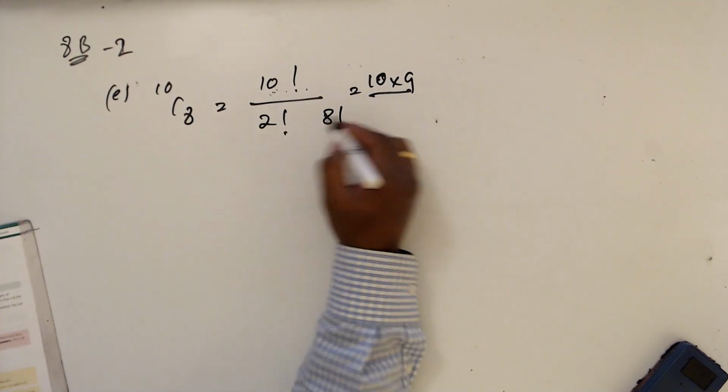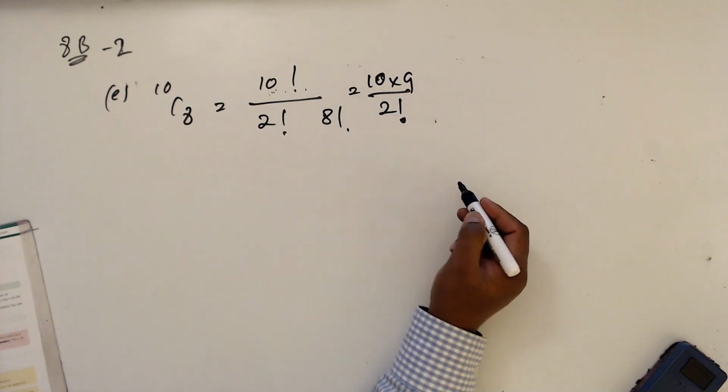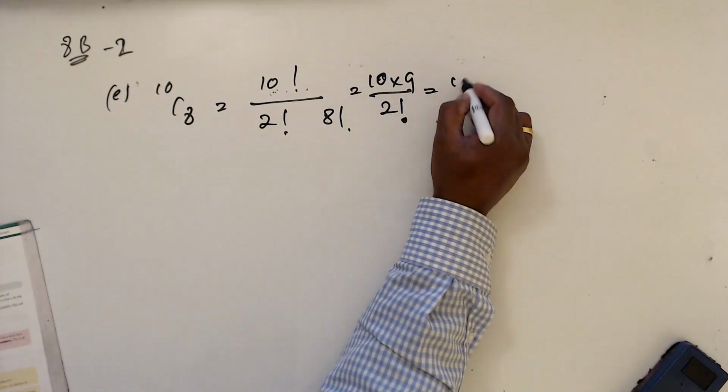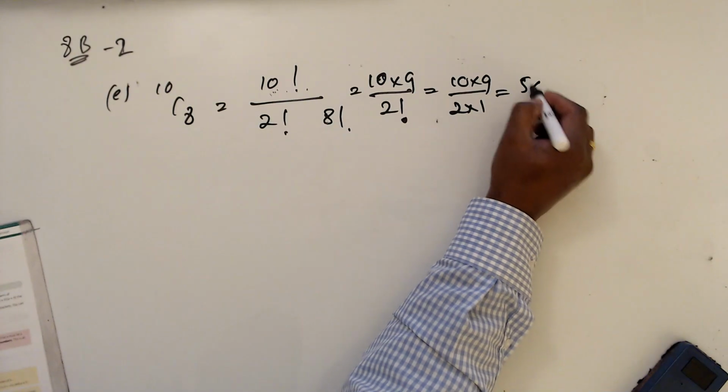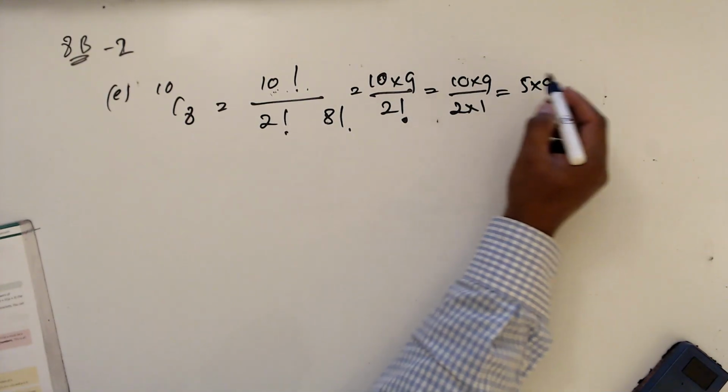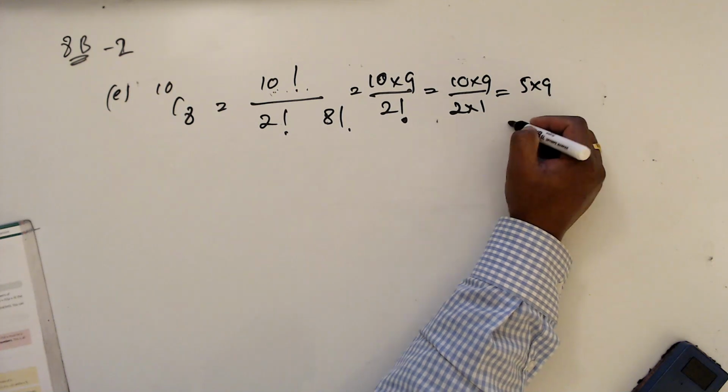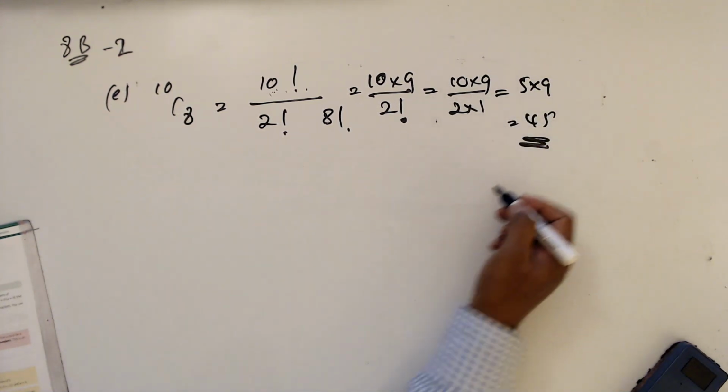So this cancels out and remains factorial 2. Then this is 10, 9 divided by 2 times 1. It means 5 times 9, 10 divided by 2 is 5, so the answer is 45.